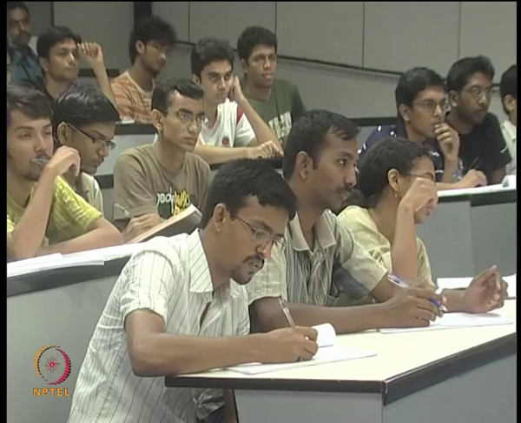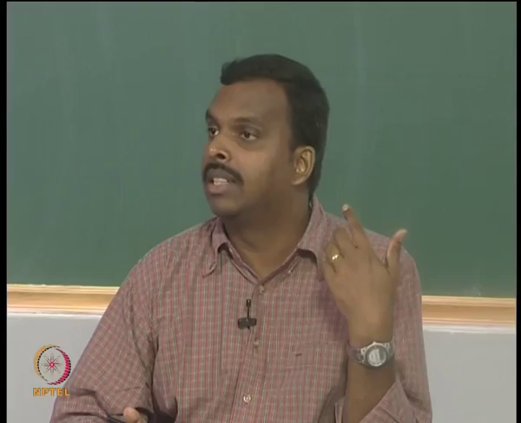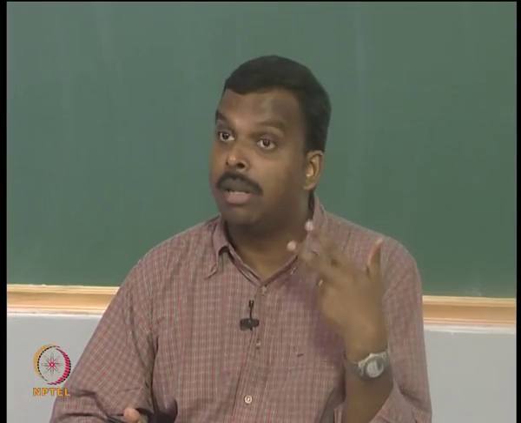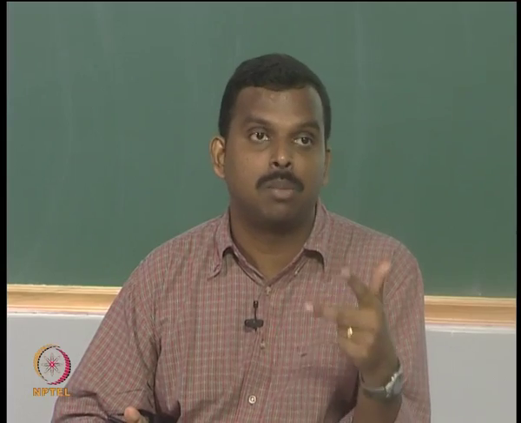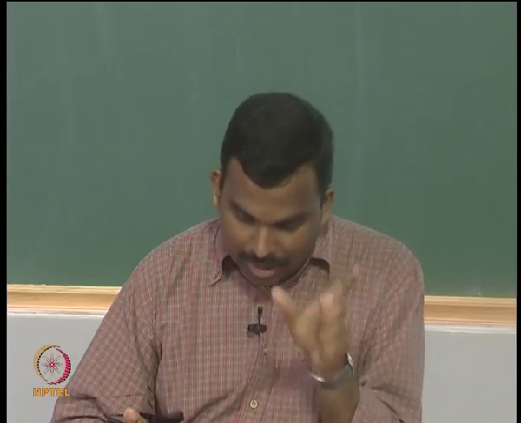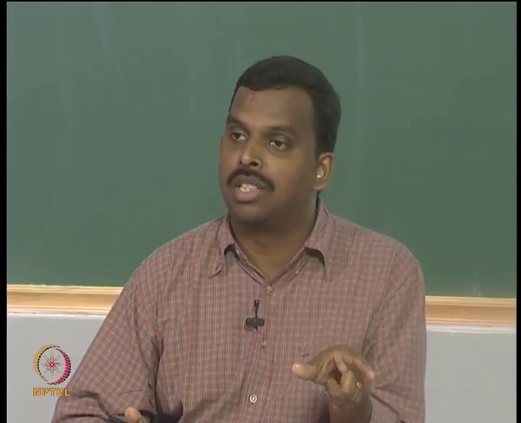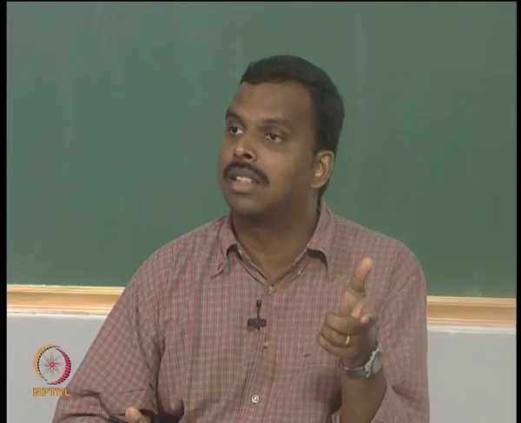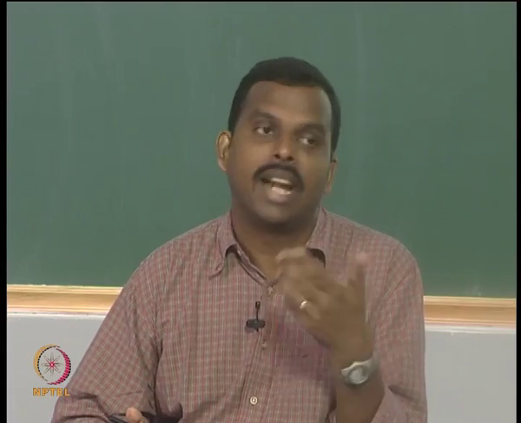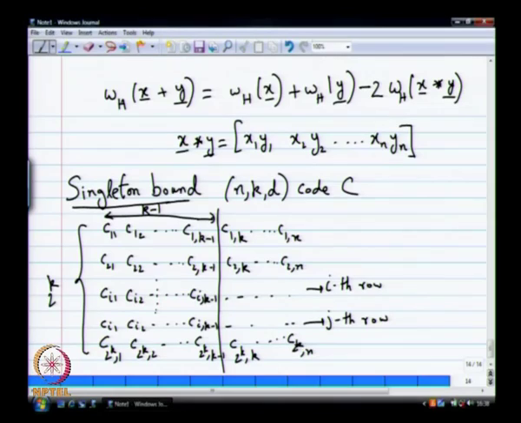So whenever I write down 2 power k code words, there will be 2 such code words which can possibly differ only in the last n minus k plus 1 positions. So clearly the minimum distance cannot be greater than that. So minimum distance is less than or equal to n minus k plus 1.